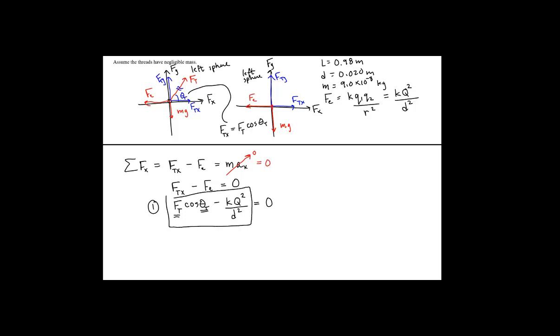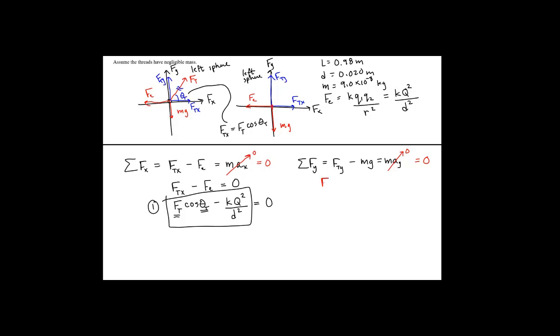I will then turn to the y component to see what information that gives us. Looking at our free body diagram, Newton's second law in the y direction is the y component of tension minus the weight of that sphere is equal to mass times the acceleration in the y direction. But again, our sphere is in equilibrium, so it is not accelerating.